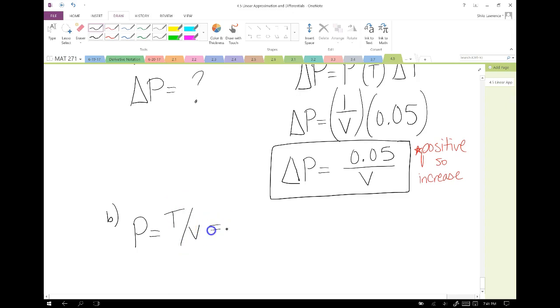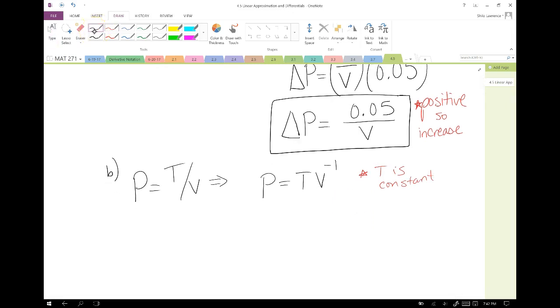And I'm actually going to rewrite this because this is going to be a whole new beast. Even the derivative is going to change. P equals T times V to the negative 1. This time, T is constant, and V is the variable. That's the one we're going to be doing the derivative of.